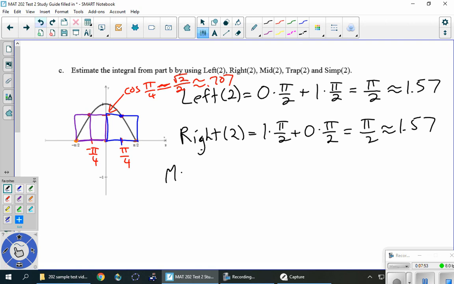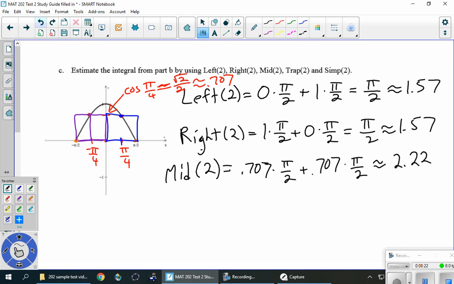So this is mid 2. So the left-hand rectangle has a height of 0.707 and then a base of pi over 2. And then the right-hand rectangle is the same thing. 0.707 is the height, and then a base of pi over 2. And so if we do the arithmetic there, we get 2.22 approximately.